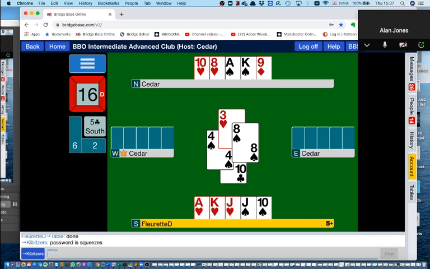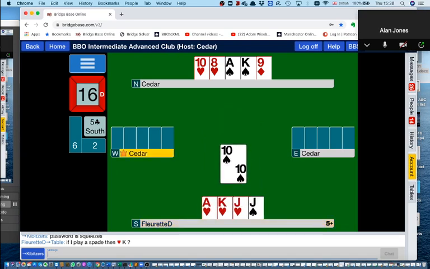Which would you like to do? Ace of hearts or get on with the squeeze by playing the spade to the ace? Yes, you could play either, it would work as well, Florette. Yes, you could do a spade and then heart and then another spade. All of those would work.